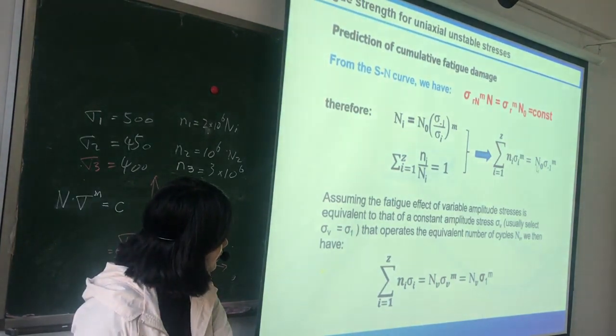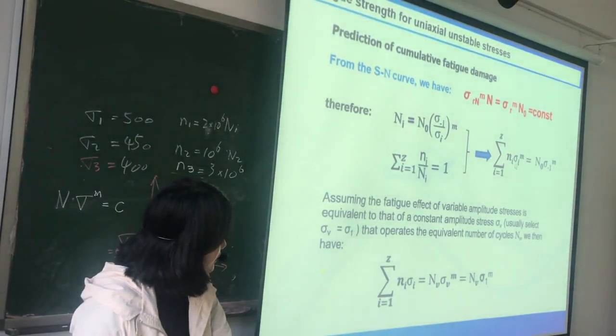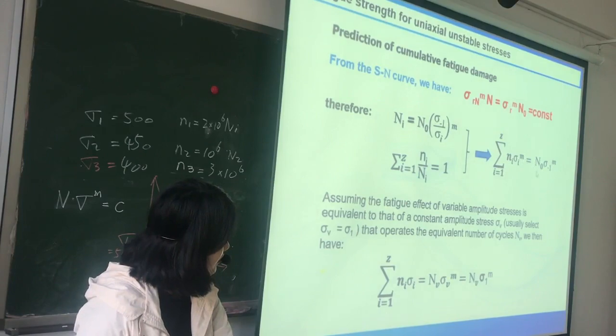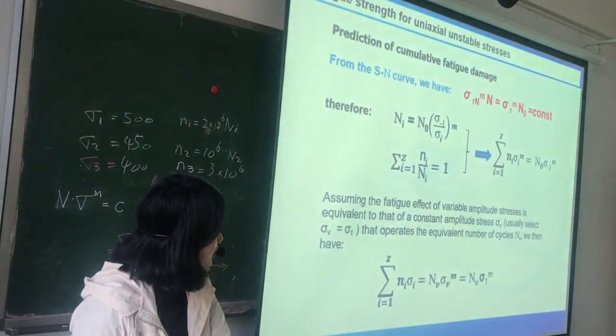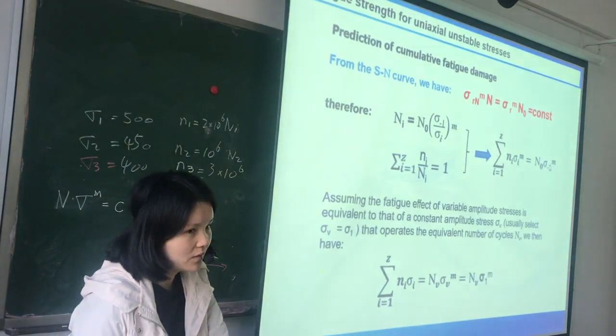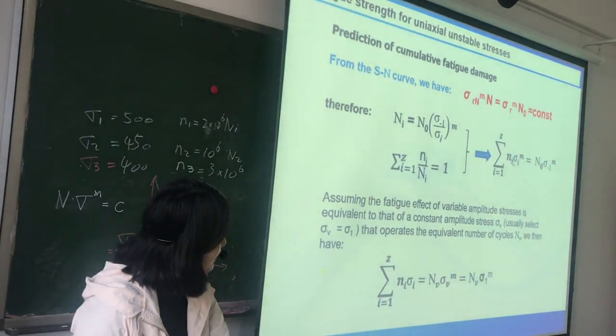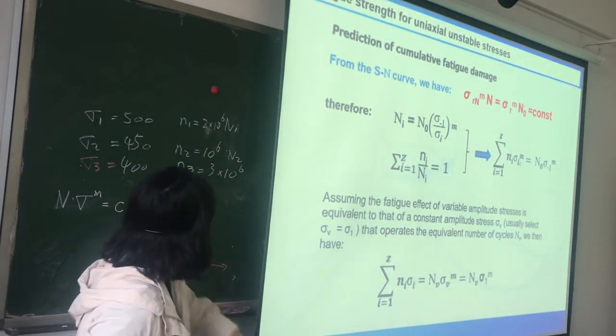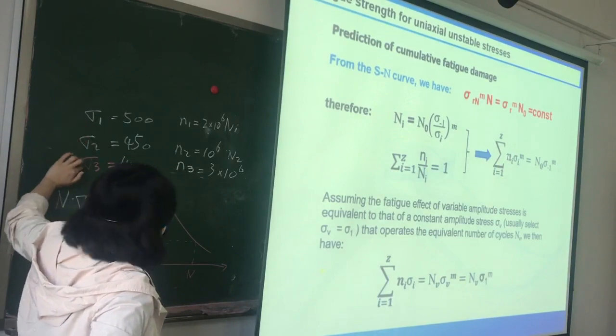From this equation we can calculate N0. N0 is the number of cycles to fatigue under the stress sigma minus 1 equal to 500 megapascal, and Ni sigma i is on this.